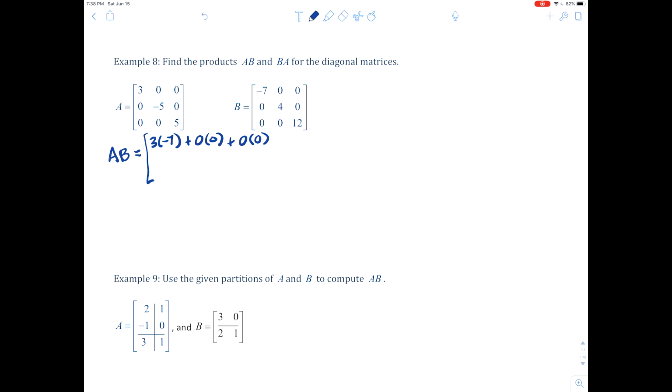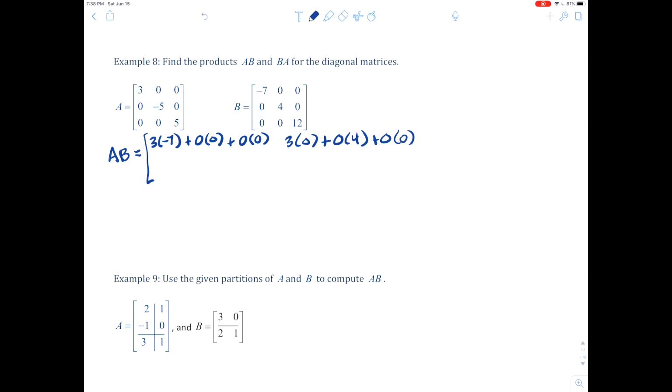And then for the second entry, what's going to happen? So first row, second column, we'll have 3 times 0 plus 0 times 4 plus 0 times 0.